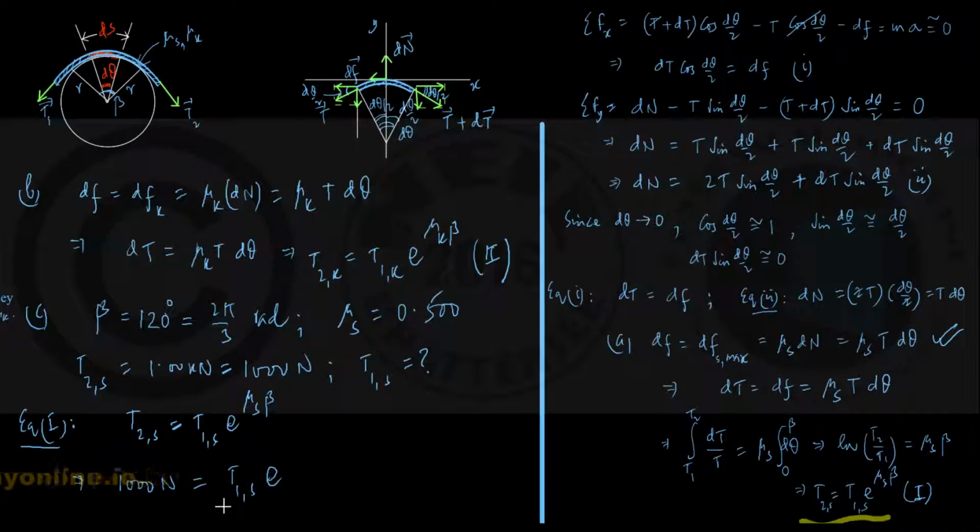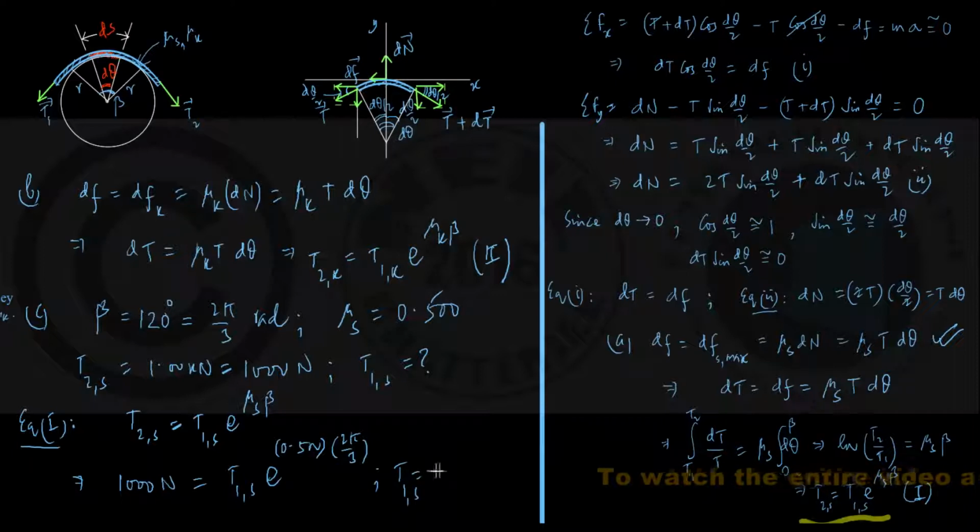You can easily check its value is about 2.72. Mu s is given to be 0.500 and the value of beta in radian is 2 pi by 3 only. So go for the calculation and show that the value of T1s is coming out to be about 351 Newton in 3 significant figures, and that is the answer of part C of the question.